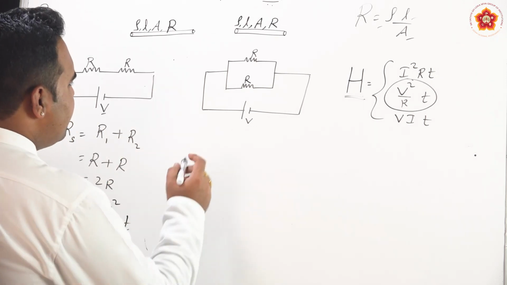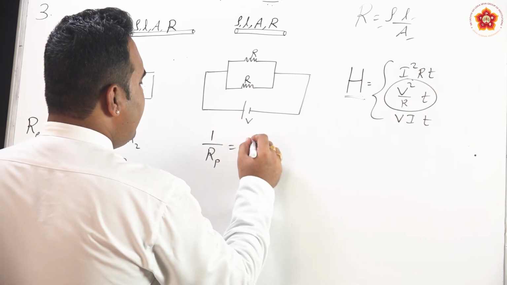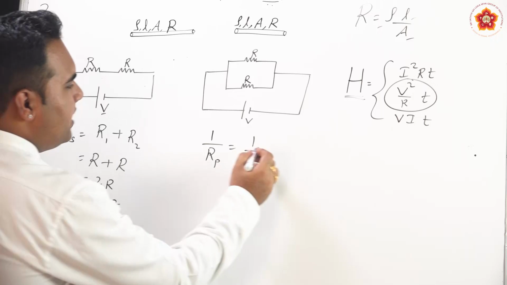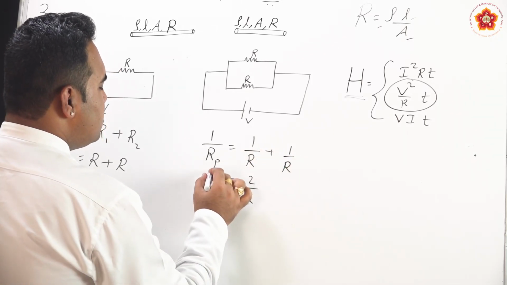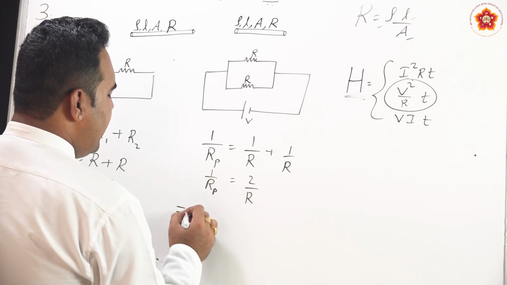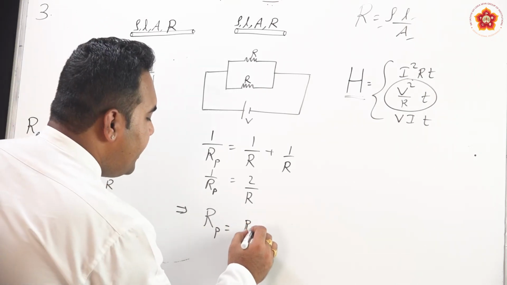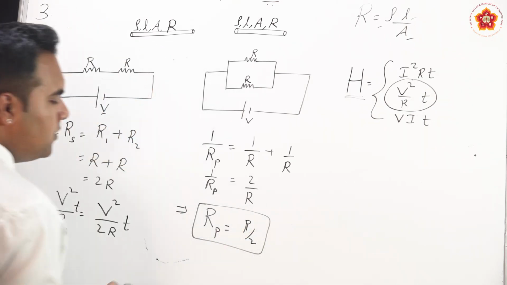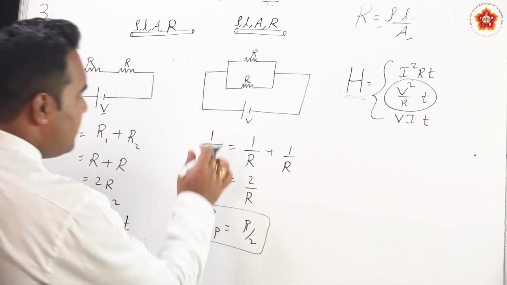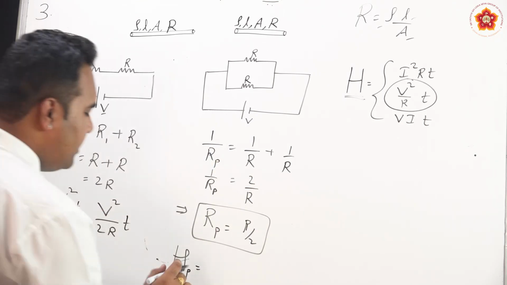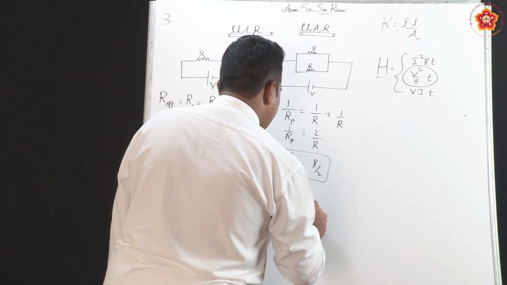Let us see this side. We need to calculate the effective resistance in parallel. We know the expression: 1 by Rp is 1 by R1, which is R, plus 1 by R2, again R, which is 2 by R. So 1 by Rp will be 2 by R, which means the effective resistance in parallel will be R by 2. So the heat energy in parallel in the second circuit, when I call it HP, is V square by R parallel into time.